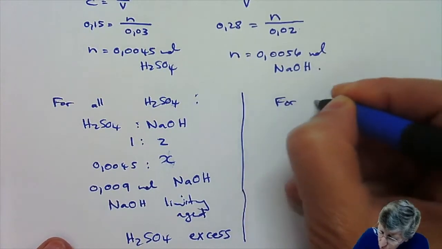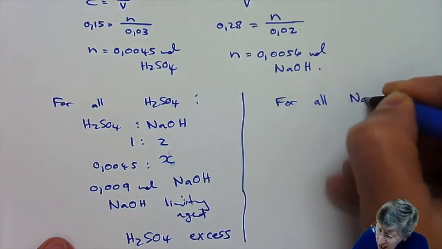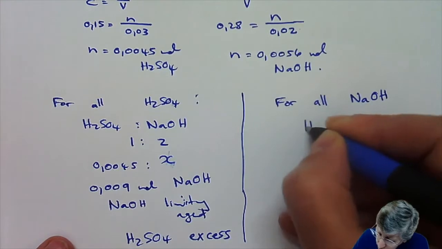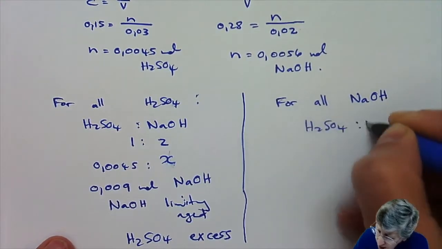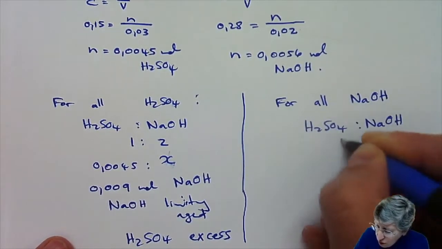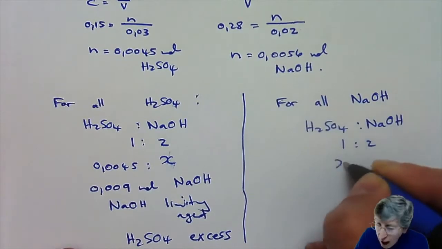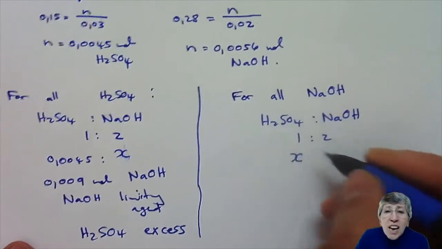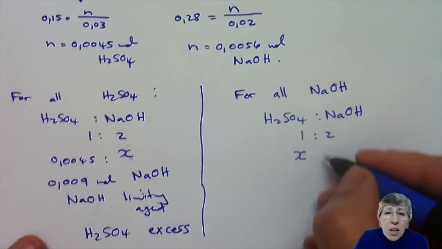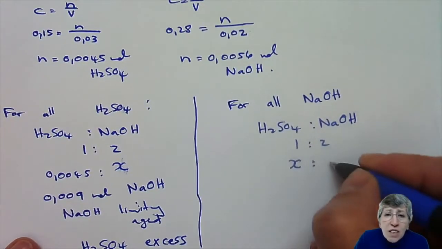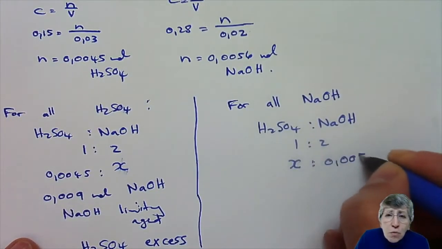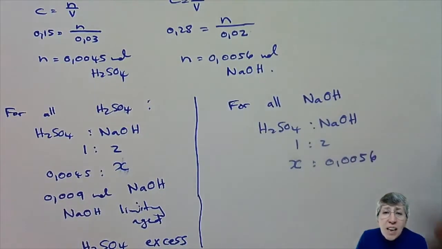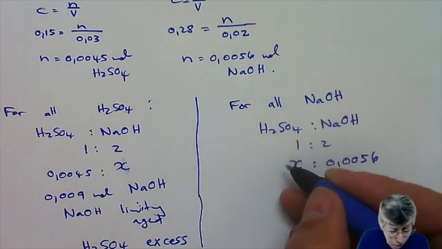Right, but let's do it the other way around. Let's say for all the NaOH. Now we know H2SO4 to NaOH always reacts in the ratio 1 to 2. So how much H2SO4 is actually going to be used if all that 0,0056 moles of NaOH is used? Now that is half, right?